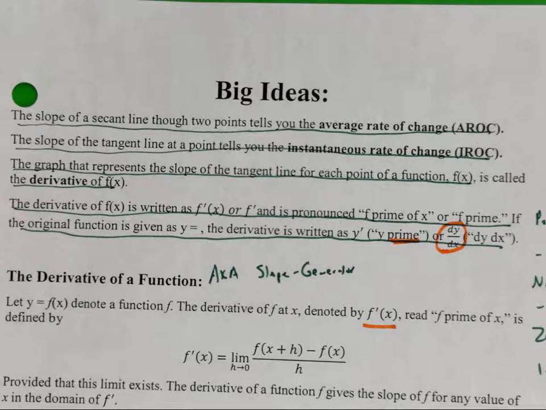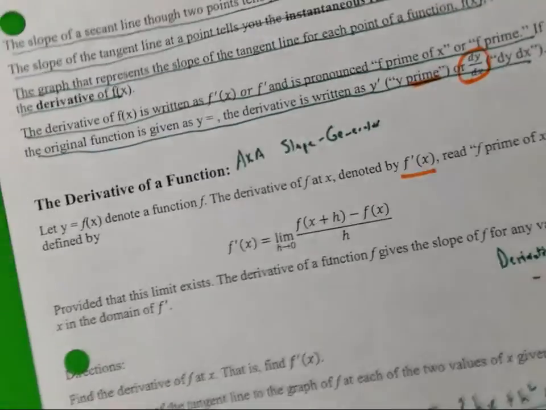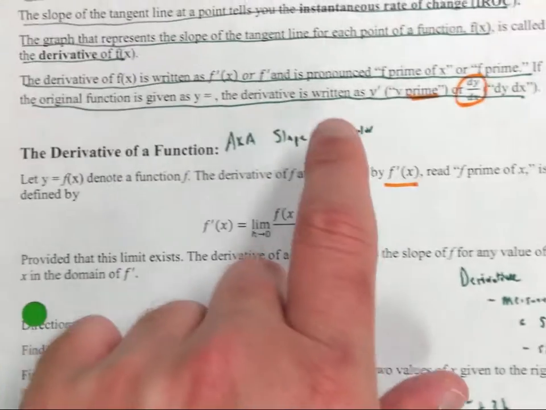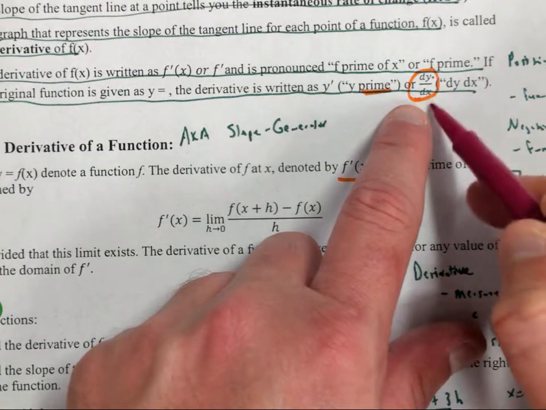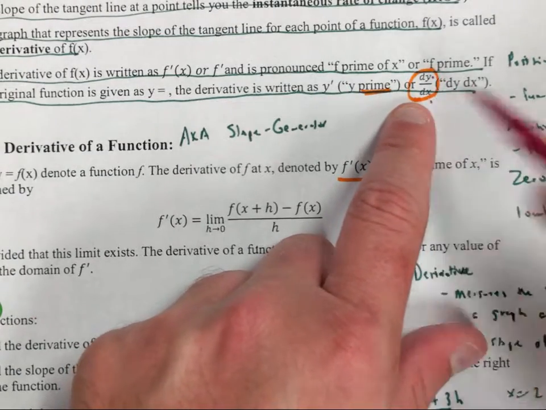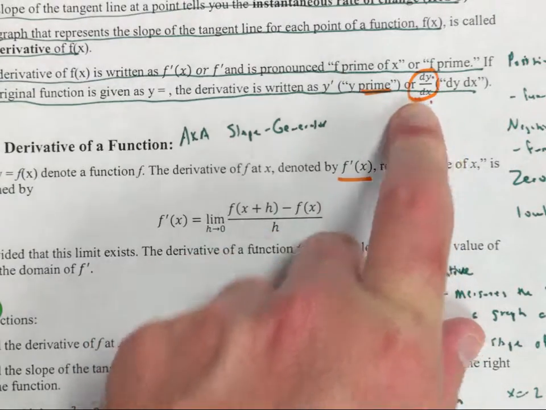Use the correct vocabulary. If you see y equals, use the notation y prime, or you can use dy over dx. You can either see the apostrophe or dy over dx. Those both mean derivatives, okay? That's the notation for derivatives.